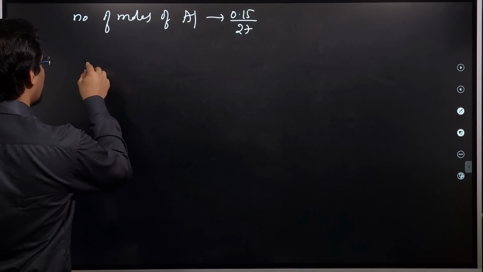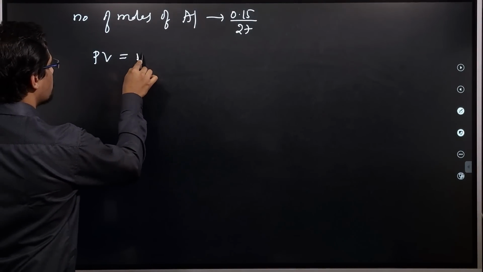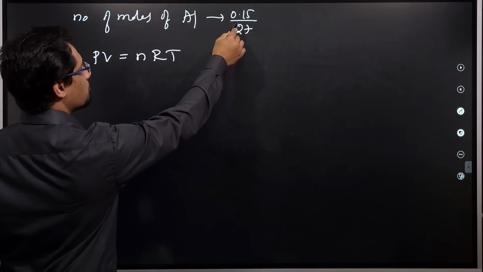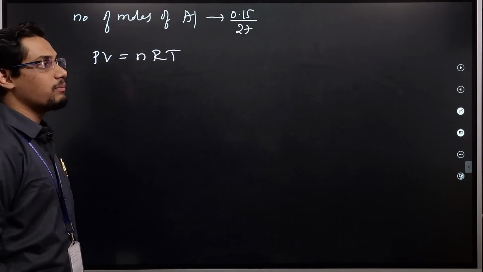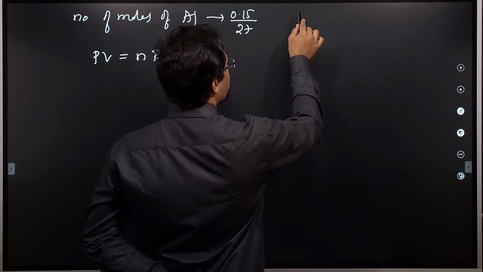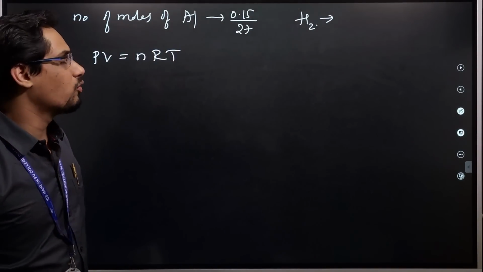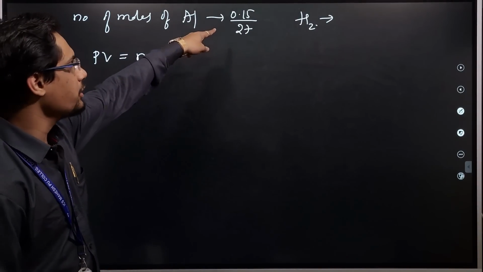So we know a formula, PV is equal to nRT. Correct? Now, for this many moles of aluminium, how much hydrogen gas will we get? For 1 mole, 1.5 moles will come.